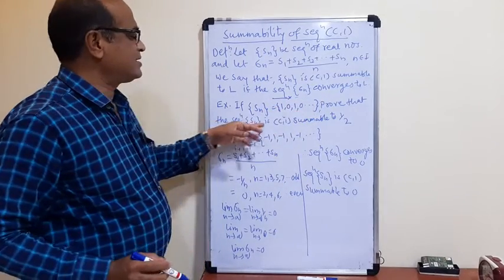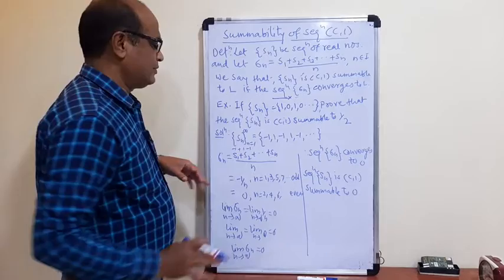Prove that the sequence Sn is C1 summable to 1/2.